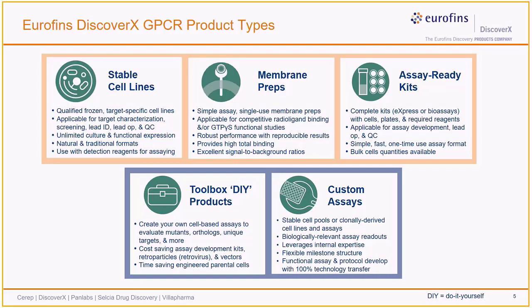Maybe you want to look at unique targets. So those are our toolbox products, and then we also have opportunities for services as well as custom assays. Custom assays are nice because we can provide you the cell pools, the cell lines, or even the assays. And then services let us run the assays for you.